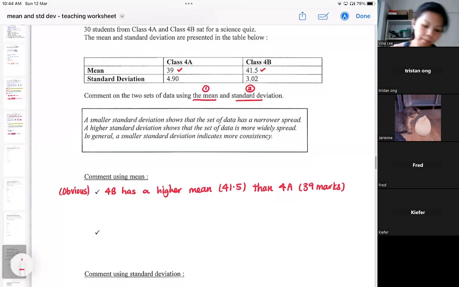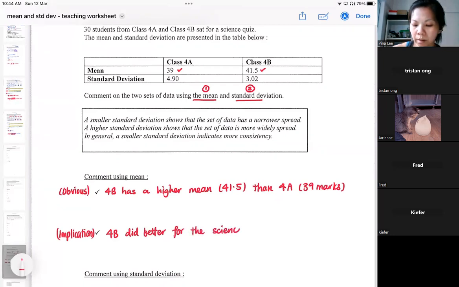After that, what is the implication? What is the implication of 4B having a higher mean? That means 4B did better for the science quiz. It depends on the context. If the context is the height of people, then you can say that the students from 4B are generally taller.